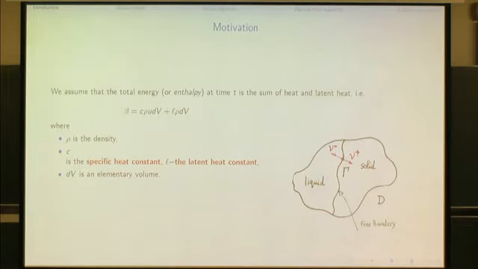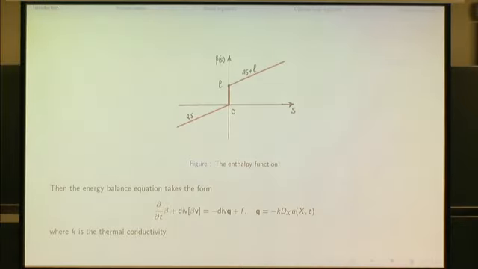And here rho is obviously the density, C is the specific heat constant, and dV represents the elementary volume. This is the typical example of that enthalpy function. In fact, you can assume that outside of the origin you have some Lipschitz graphs, but I just want to keep the discussion simple, so I'm going to assume that this is a piecewise linear function suffering a jump at the origin.